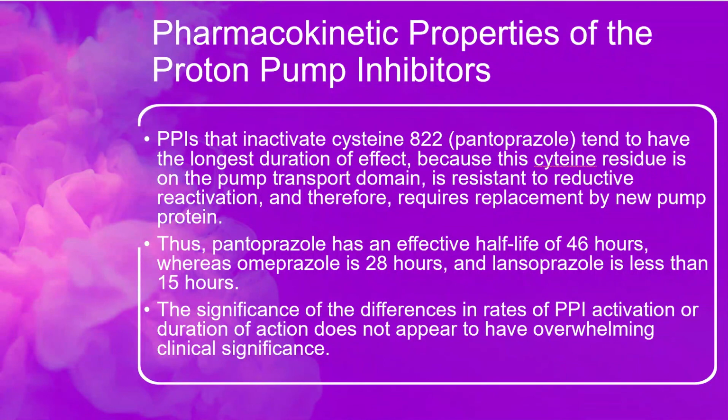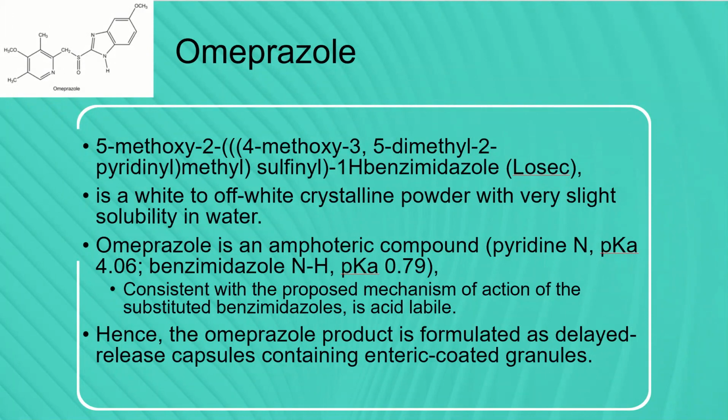Thus, pantoprazole has an effective half-life of 46 hours, whereas omeprazole is 28 hours and lansoprazole is less than 15 hours. So the differences in the rates of PPI activation or duration of action do not appear to have overwhelming clinical significance.